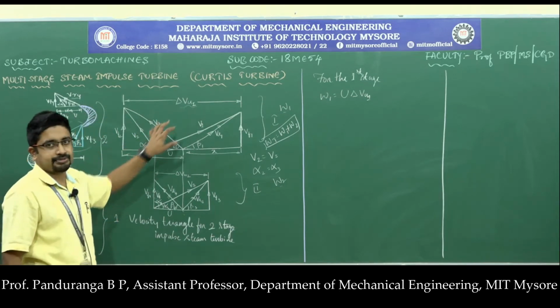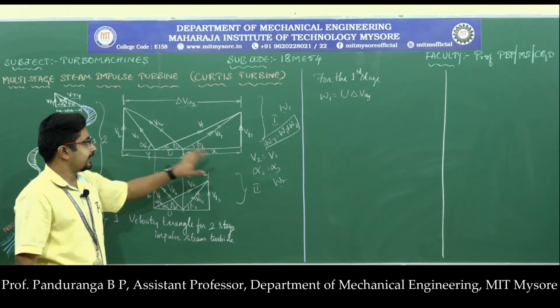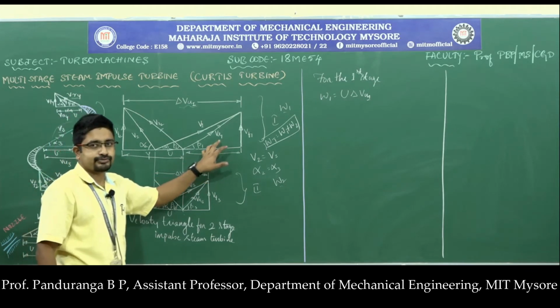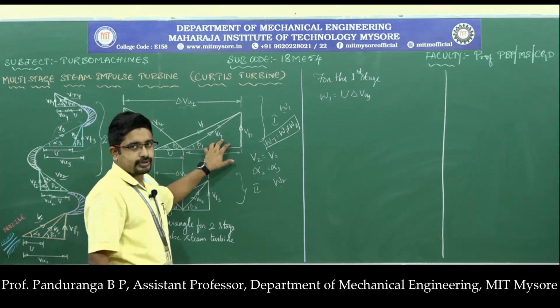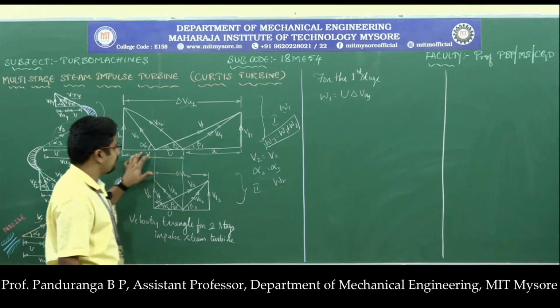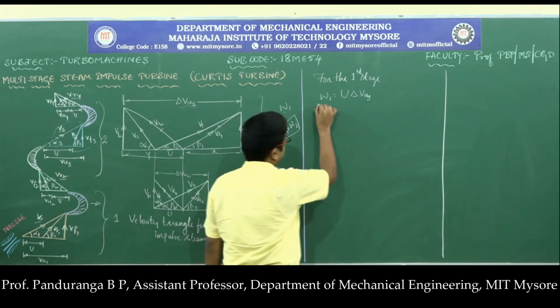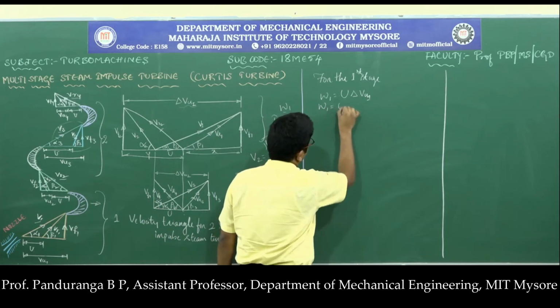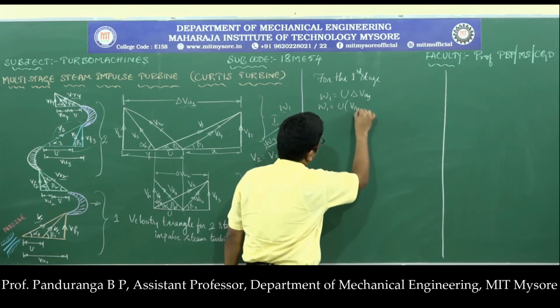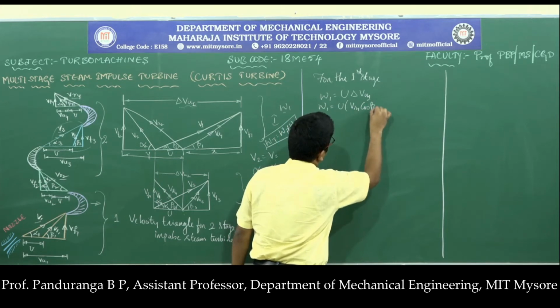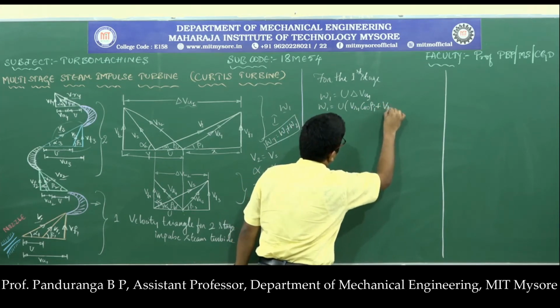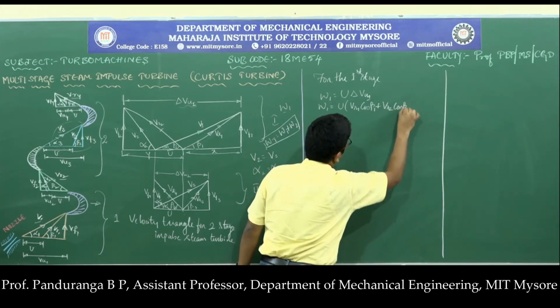Delta VU1 can be written as x plus y, and x I can write in terms of VR1, that is VR1 cos beta 1, and y will be VR2 cos beta 2. So W1 will be equal to U into (VR1 cos beta 1 plus VR2 cos beta 2).